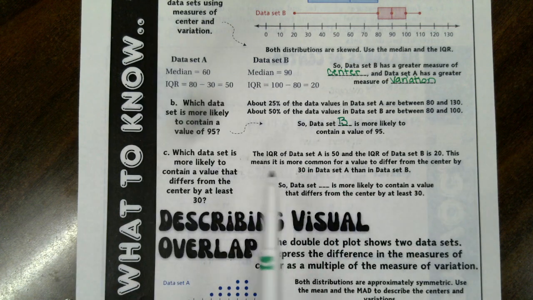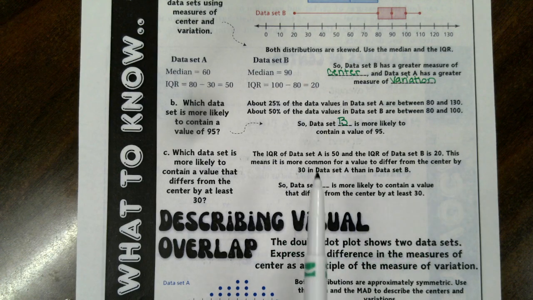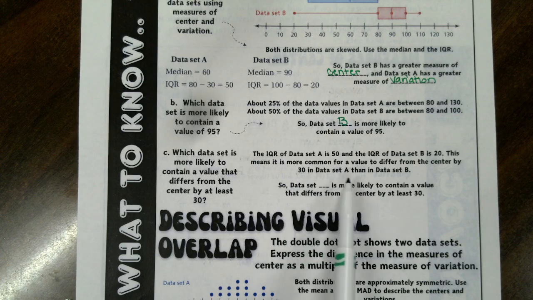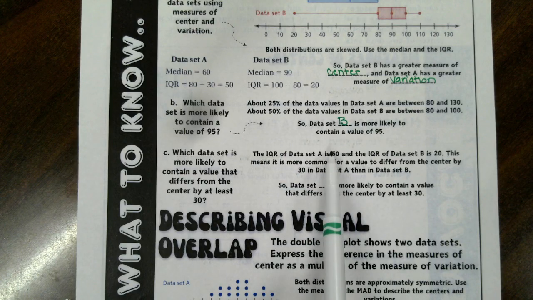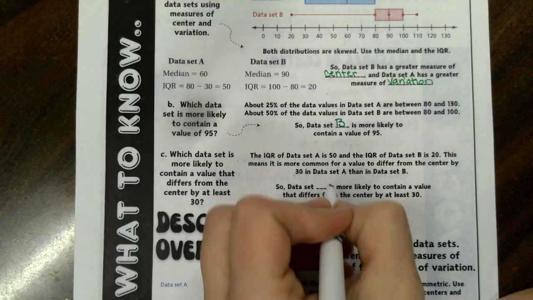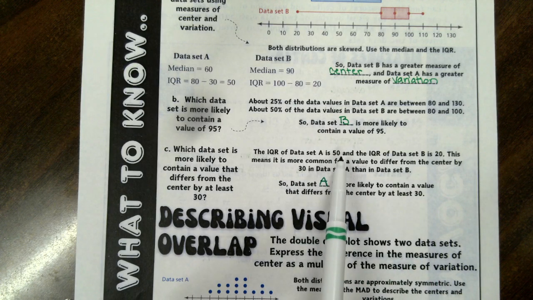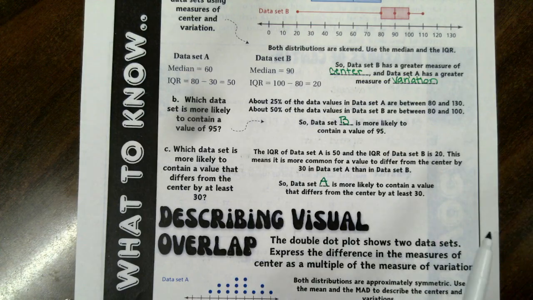So this means it is more common for a value to differ from the center by 30 in data set A than in data set B. Data set A is more likely to contain a value that differs from the center by at least 30, because we have room in that 50 to differ by 30, right? If we differ by 30 here, we're going into the negatives.